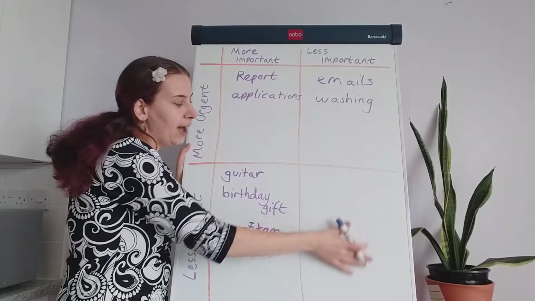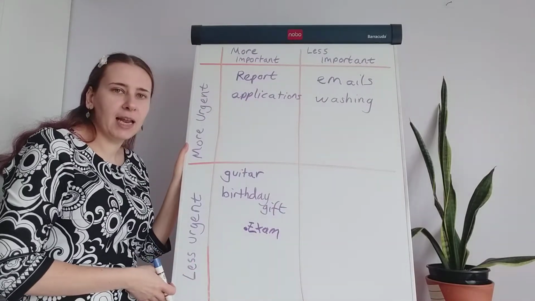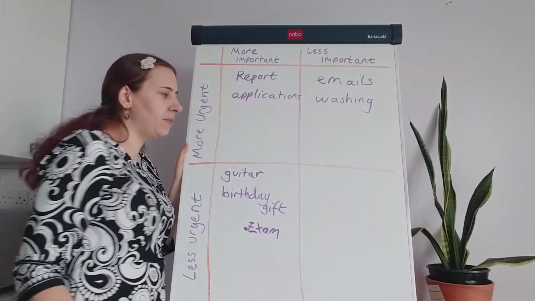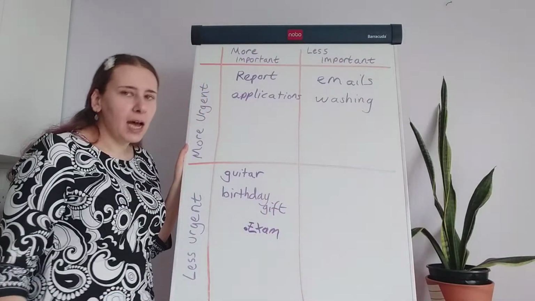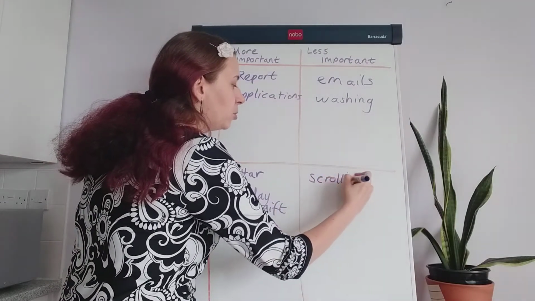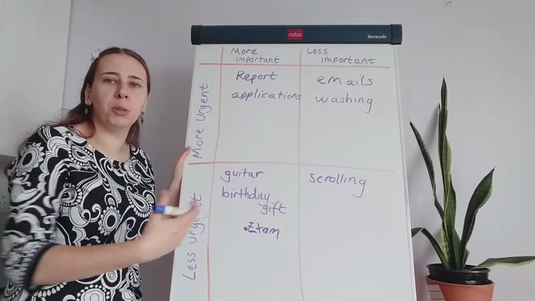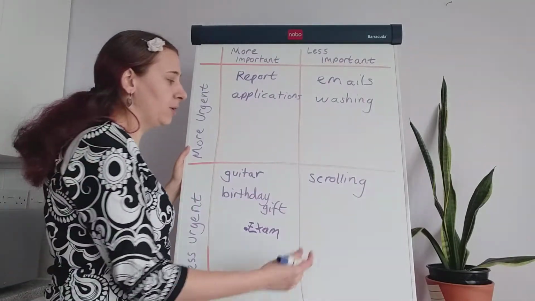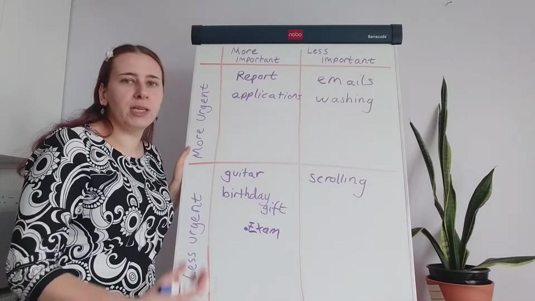Things in here are how we spend our time on things that have no deadline, are less urgent, and aren't important to us. These might be the kind of time suck tasks. So spending time scrolling on social media might go in here. Not important, not urgent, but it's something that we might do. Sometimes we do little sorting out tasks.